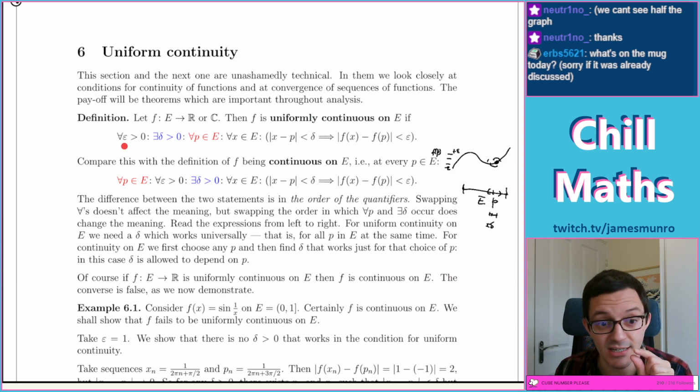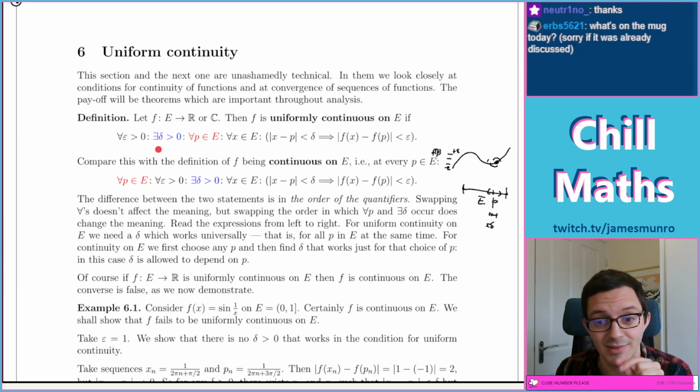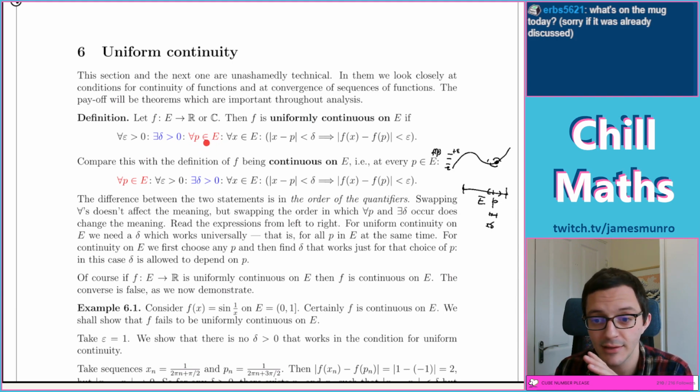And then to satisfy that, you have to find some value of delta such that you actually stay within that range, very close to the value of f of p. Uniformly continuous says that they choose epsilon and you get to choose delta, but it has to work for all p in the range at the same time.